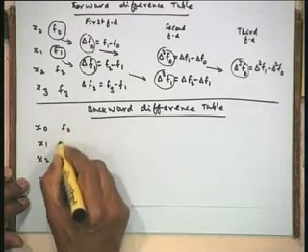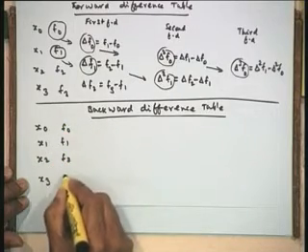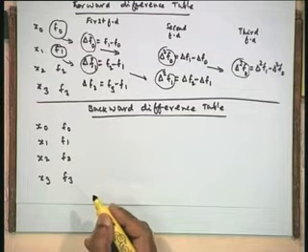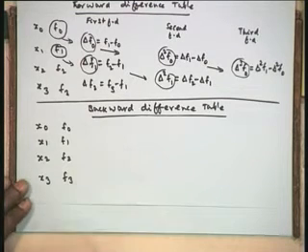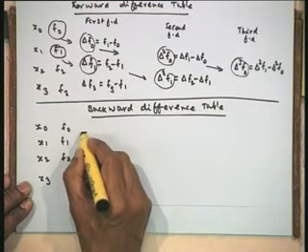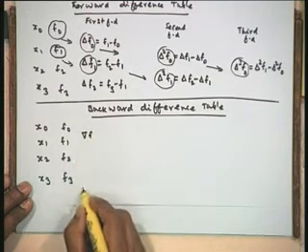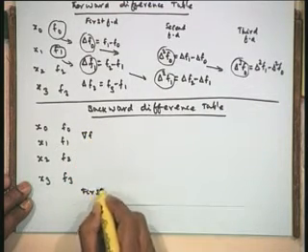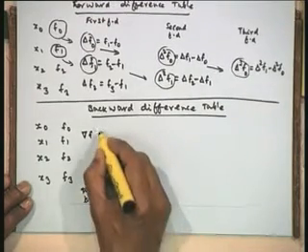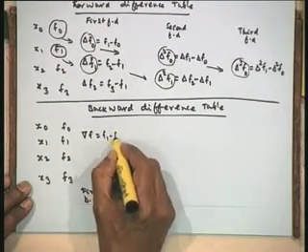So, we have f naught, f 1, f 2, f 3. Now, our backward difference delta, the first backward difference, that is equal to f 1 minus f naught.